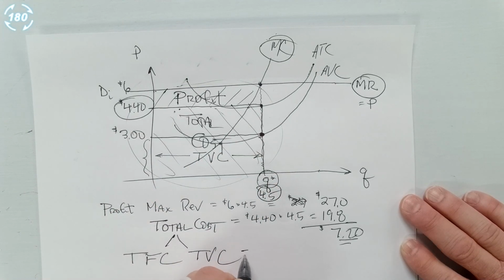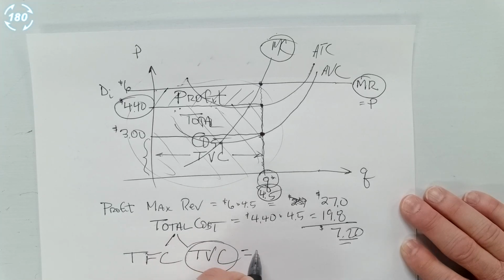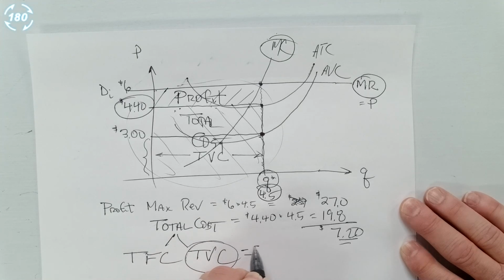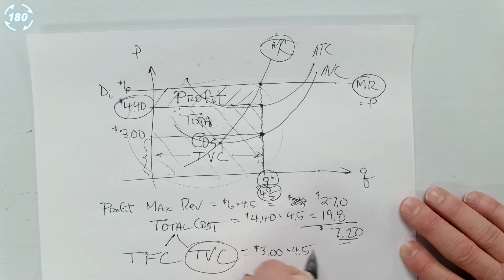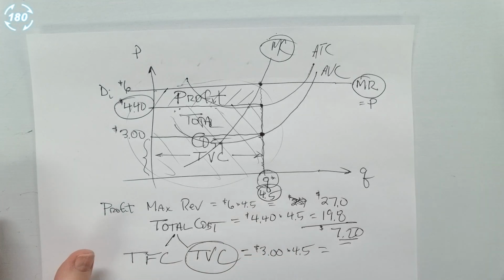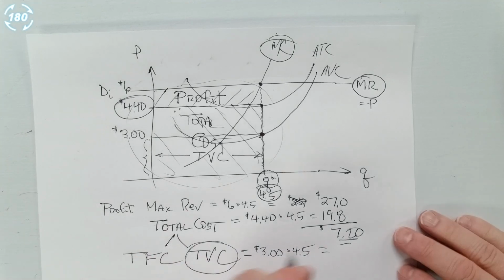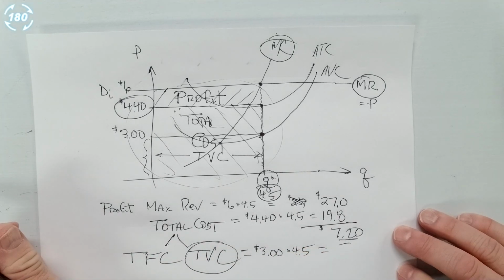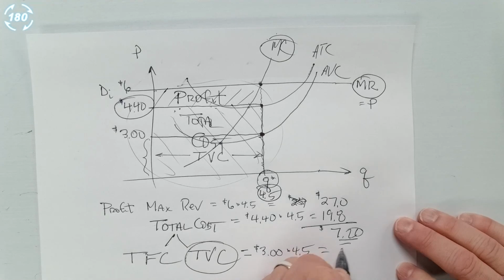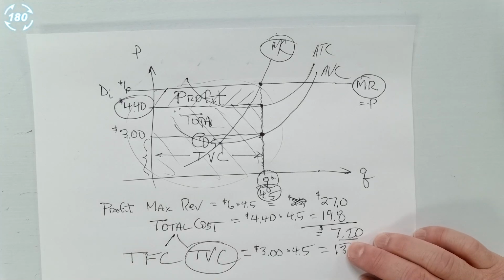So the total variable cost, this thing here, is $3 times 4.5, which is what, 13.5? 13.5. I should have labeled this up here. What's this $7.20? That's total profit, right?